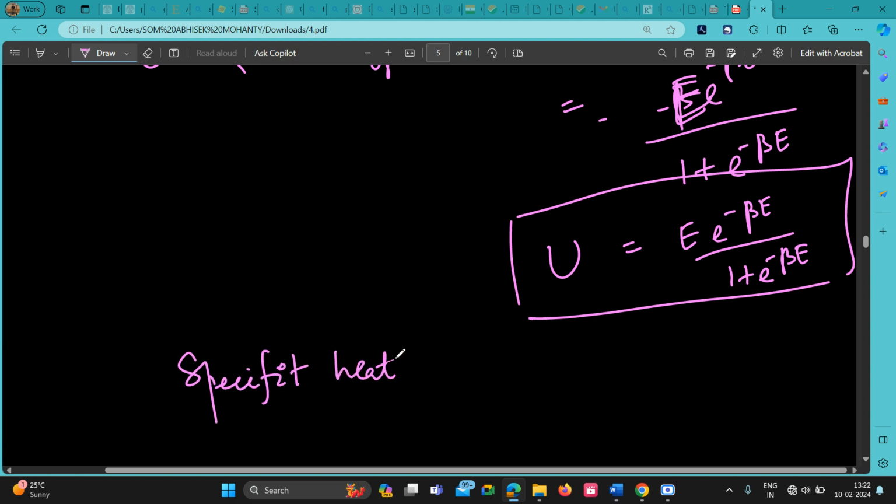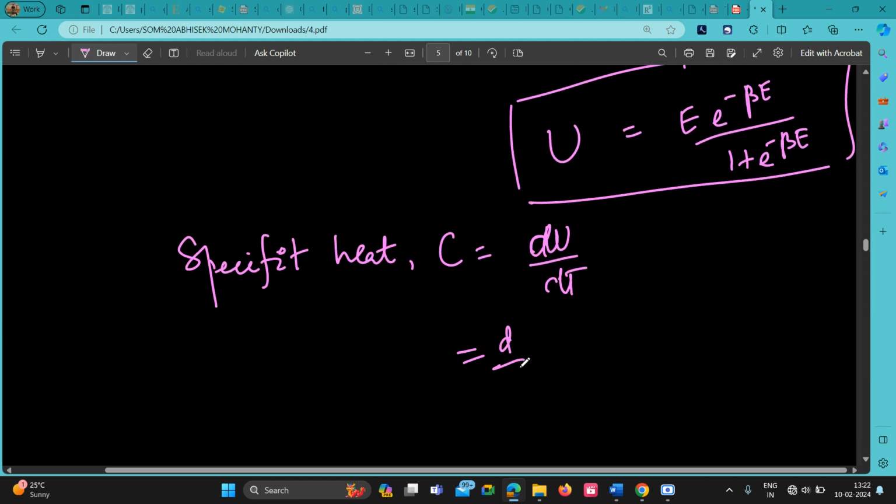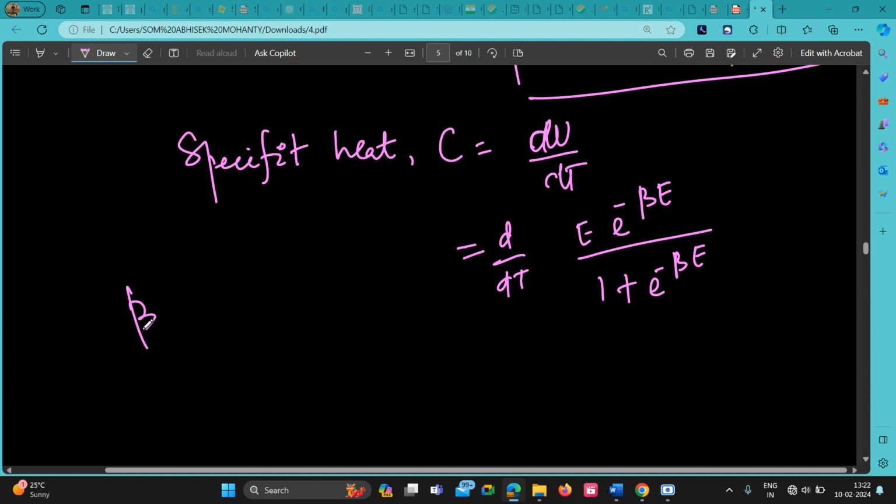Now what is specific heat? Specific heat C is equal to dU by dT. So d by dT of E e to the power minus beta E divided by 1 plus e to the minus beta E. In place of beta we can put 1 by kBT.